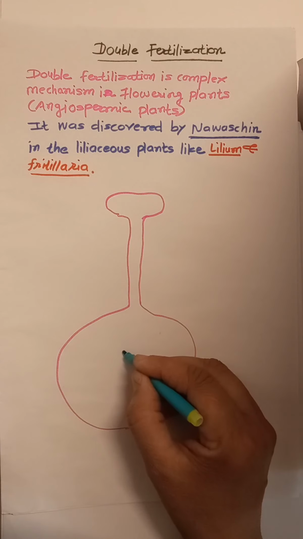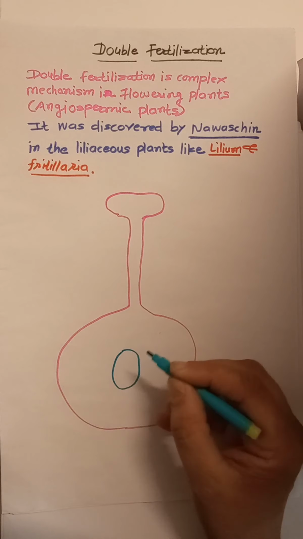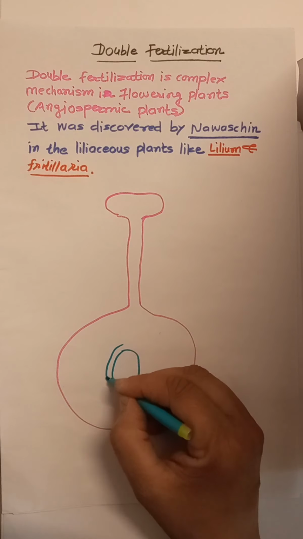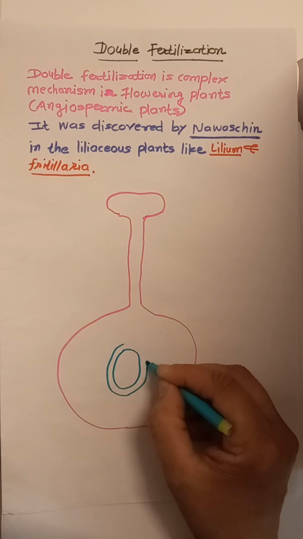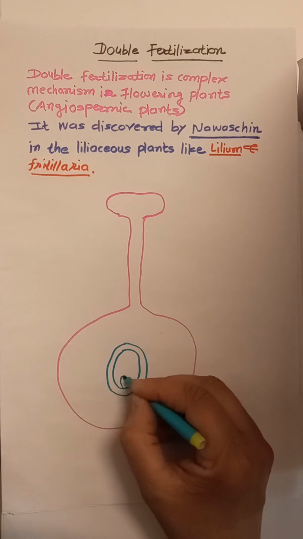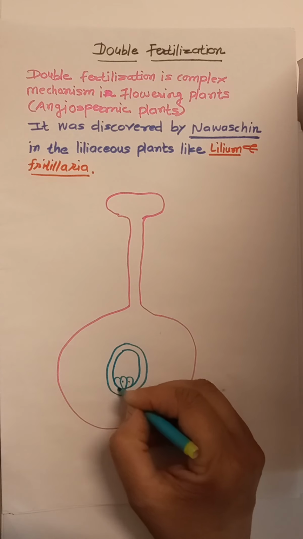So this is embryo sac of ovule and this is nucellus. Inside the embryo sac this is egg. These are two synergid cells.